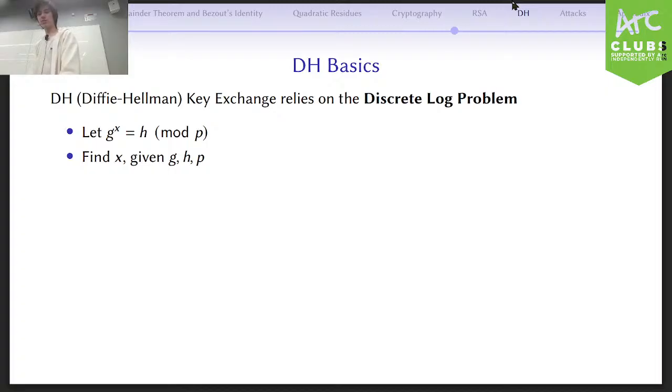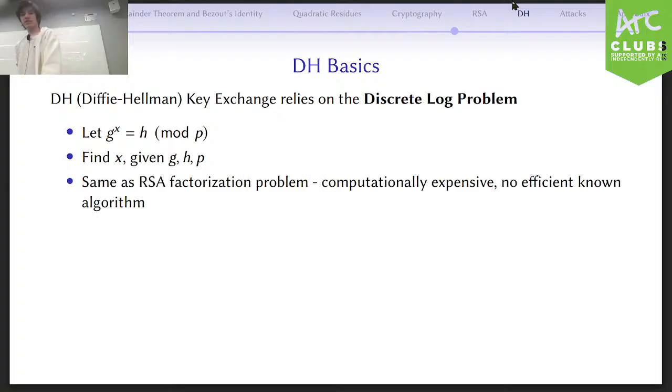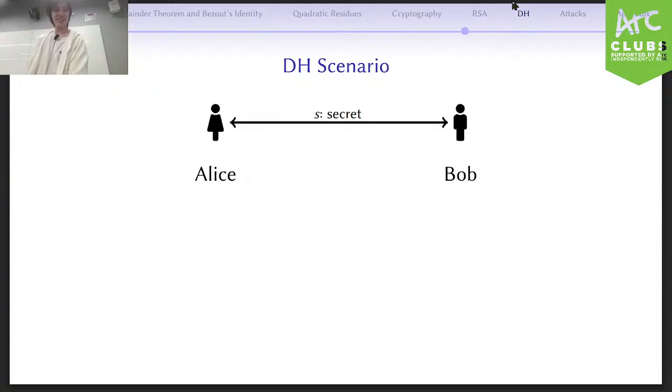We know G, we know h, we know p, but we're not given x, which is the exponent. And the problem asks us to find x. Same as the RSA factorization problem, this is very hard to solve computationally. There's no efficient algorithm right now. And we're going to abuse this fact to basically do cryptography.